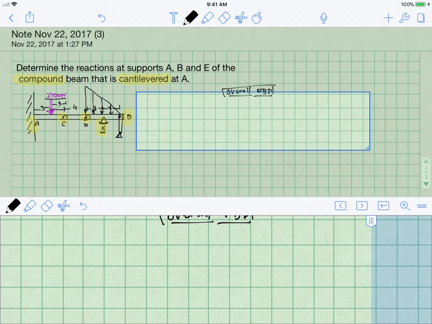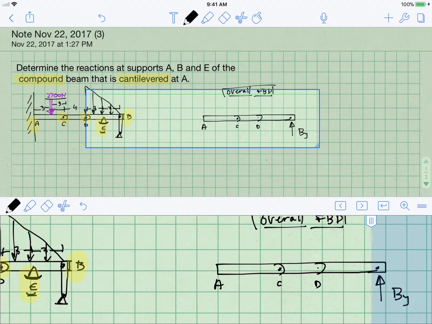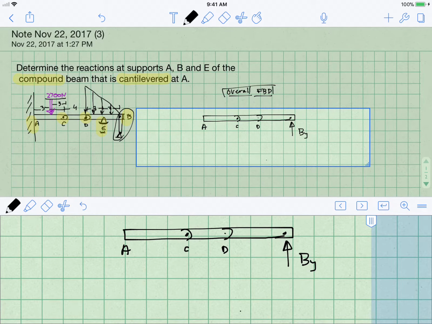When I begin by thinking about the overall free body diagram, I draw a beam that goes from A to C to D all the way over to B. That two-force member at B, all it can do is act vertically. So the whole purpose of this structure is just to indicate that BY, and I'm guessing that it's pointing up, but it could also be pointing down.